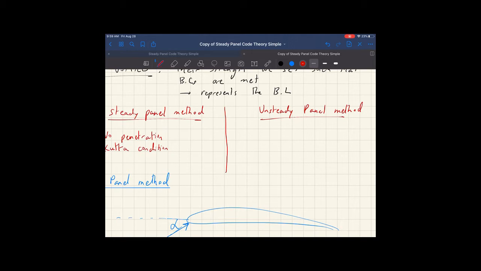So the boundary conditions that you need to meet for the unsteady panel method is no penetration again, the Kutta condition, and finally Kelvin's circulation theorem.